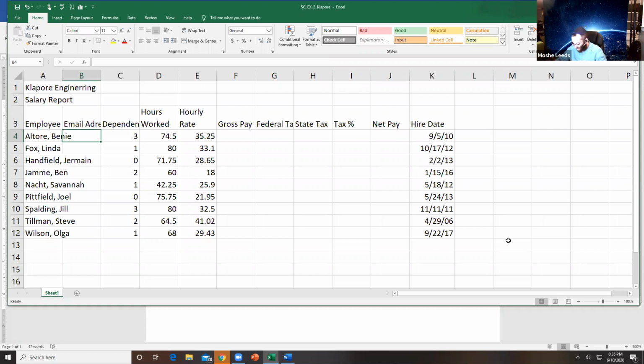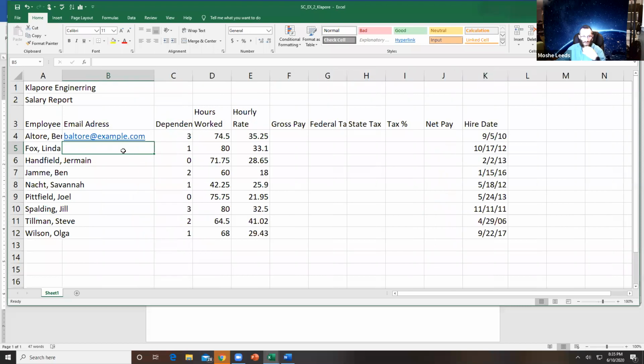So we have B Altor, the first letter of his first name and his complete last name, B Altor at example.com. Now watch this. I'm going to just double click here so you can see it completely. It automatically recognizes that this is a web address, and it will convert it to a hyperlink.